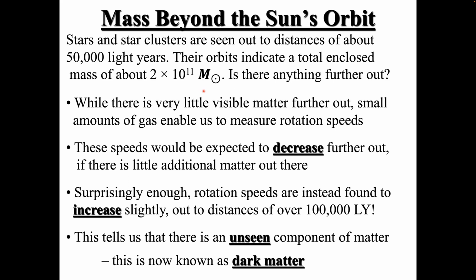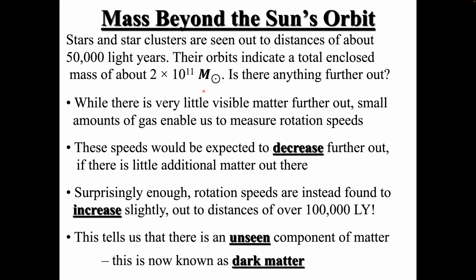However, very surprisingly, when you look at the rotational speeds, they are found to increase slightly out to a distance of even over 100,000 light years. So there should be some kind of matter that we cannot detect from any of the telescopes that we have made for various regions of the electromagnetic spectrum.